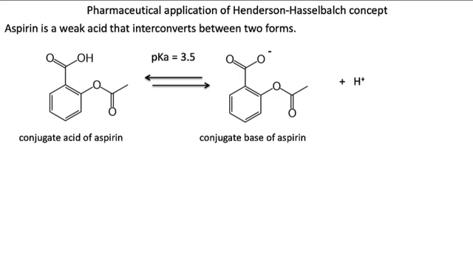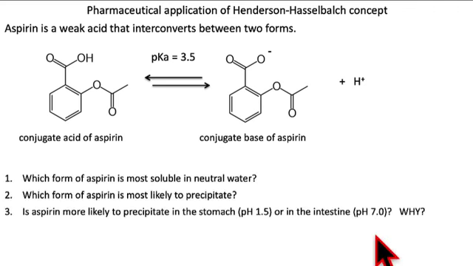A really good example is aspirin, where the pKa value is clinically relevant. Which form of aspirin is most soluble in neutral water? Which form of aspirin is most likely to precipitate? And is aspirin more likely to precipitate in the stomach at a pH of 1.5 or in the intestine at a pH of 7? Explain.